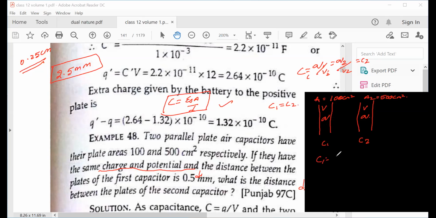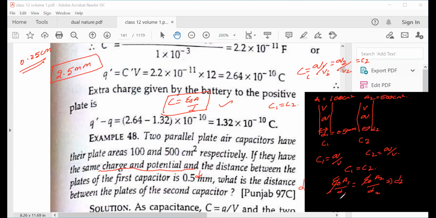So C1 is equal to Q by V and C2 is equal to Q by V. Both have the same charge and potential, so C1 is equal to C2. The distance D1 is given as 0.5 mm, and we need to find D2. The formula for capacitance is C is equal to epsilon naught A by D. Here it is A1, D1, A2, D2.